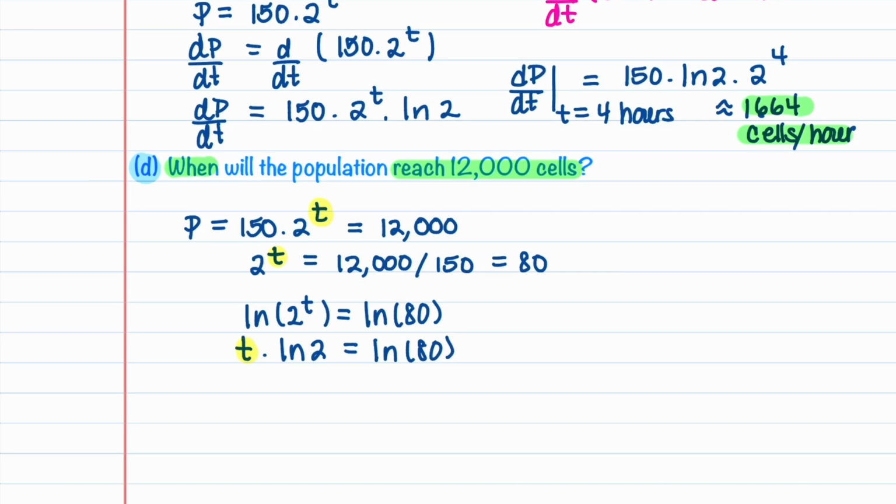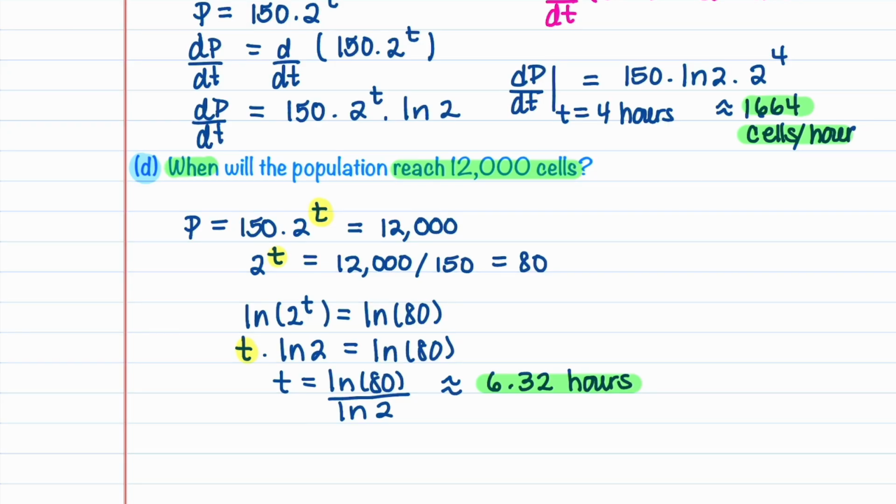Now we're just going to solve for t, and we get that t is natural log of 80, all divided by natural log 2. When you put that in your calculator, you get an answer of approximately 6.32 hours. In 6.32 hours, the population of bacteria will be equal to 12,000 cells.